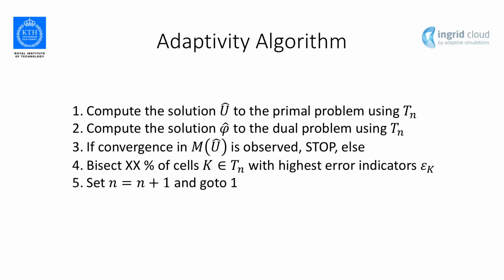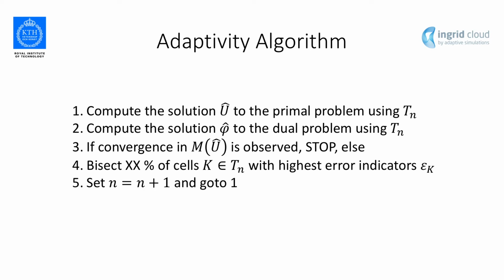This is the adaptive algorithm which we use. Massi yesterday presented a great illustration of the algorithm. So in the first step, we solve the velocity and the pressure field for the primal problem. Then we solve the associated dual problem with the quantity of interest.